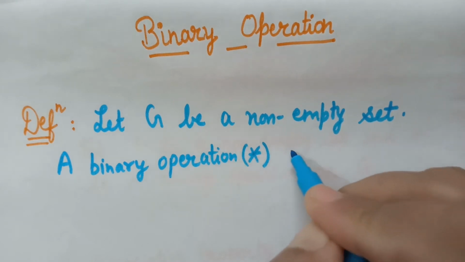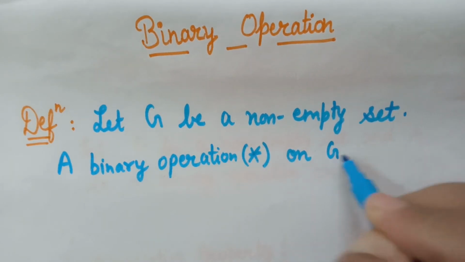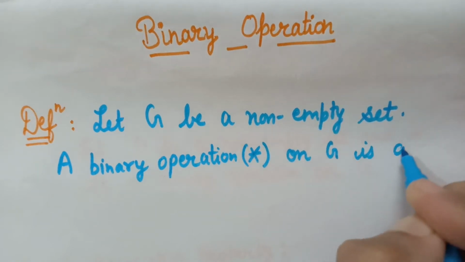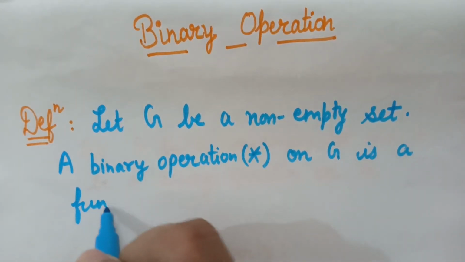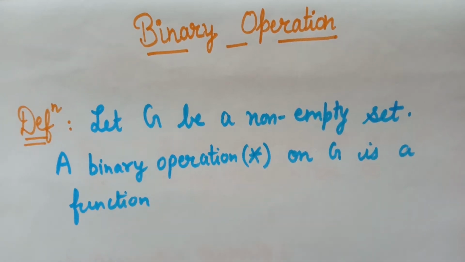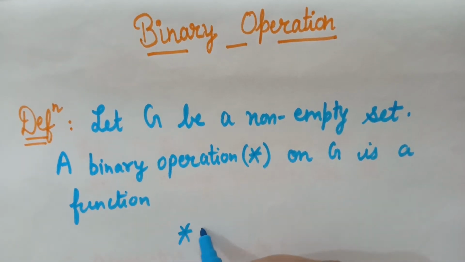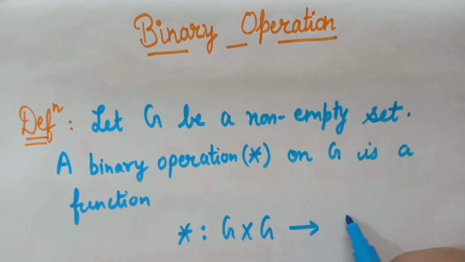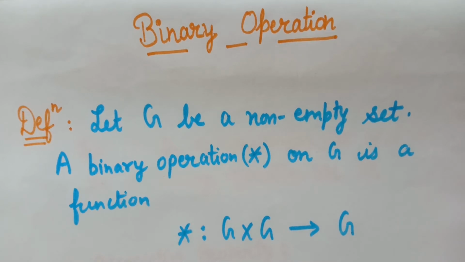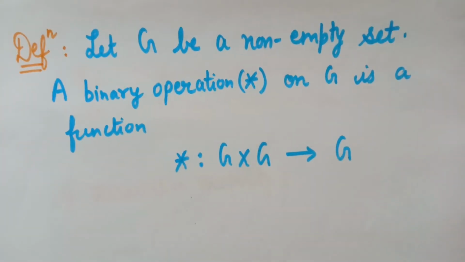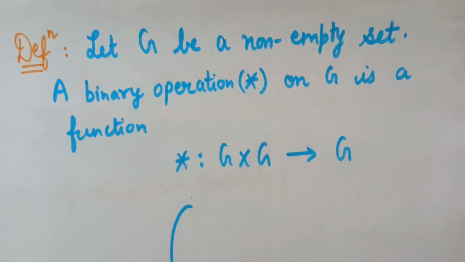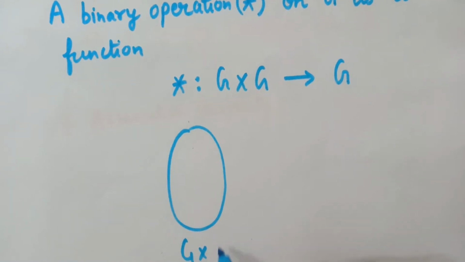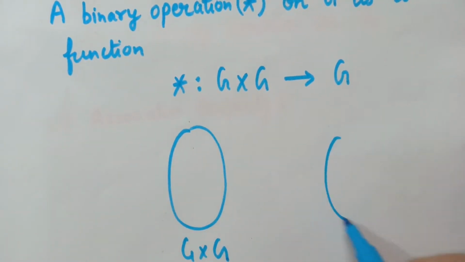So a binary operation on set G is a function from G cross G to G. That is, it is a function whose domain is G cross G and whose codomain is G.